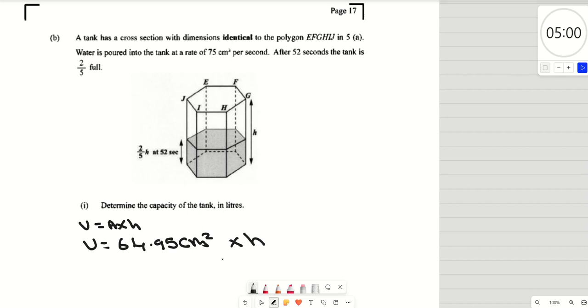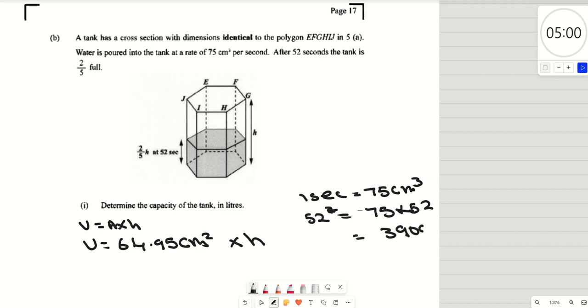They said that the rate is 1 second equals 75 centimeters cubed, and after 52 seconds, it is 2/5 full. So that's 75 multiplied by 52, which equals 3,900. 3,900 would be 2/5.